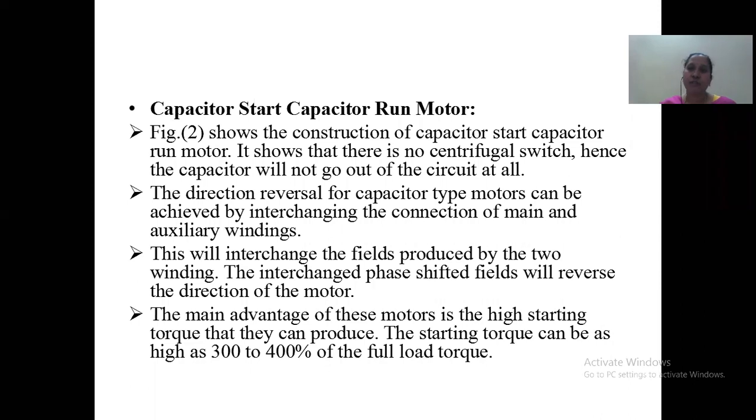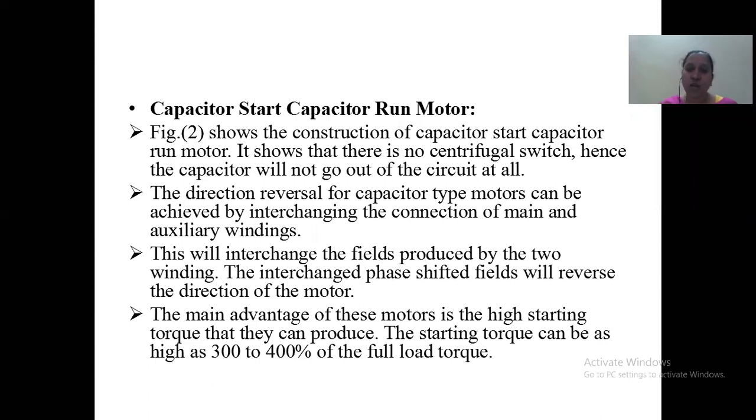So after reaching the 75%, the starting winding is going to get disconnected from the circuit, as well as the capacitor also is going to disconnect from the circuit. But here the same operation with the capacitor and the starting winding is going to take place. It continues.